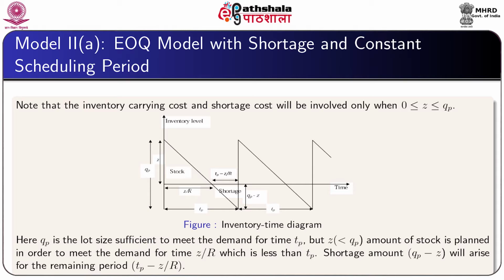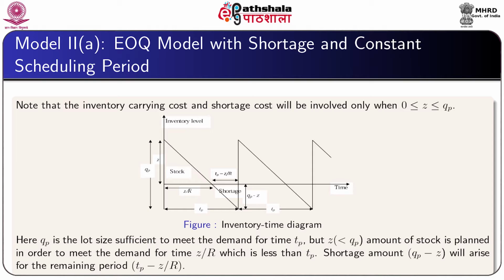In the figure, initially the inventory level is raised up to the level Z, then the inventory level decreases and becomes 0 after time Z by R, and then shortages begin to occur and continue until time Tp, that is, for the period Tp minus Z by R. Here Qp is the lot size which is sufficient to meet the demand for the time Tp, but since Z amount of stock is planned in order to meet the demand for the time Z by R, which is less than Tp, both inventory and shortage cost will have to be considered.